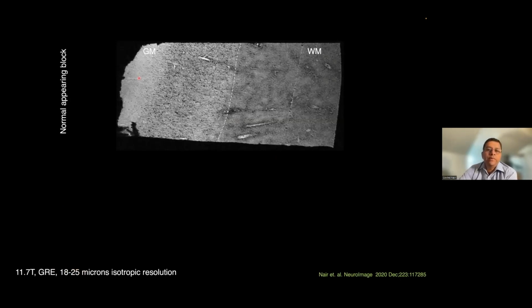This is the normal appearing block. And here you can see multiple things. You have these punctate hypointensities. I don't know how well this is reproducing on the screen, but there are these punctate hypointensities. There are these linear hypointensities, like lines over here. There is this patchiness in the white matter, and there are these hypointensities around blood vessels.